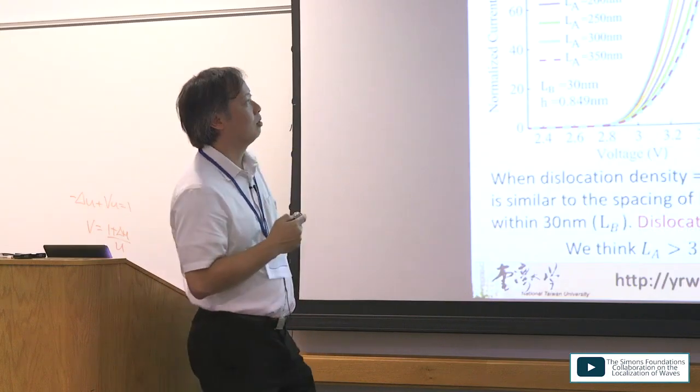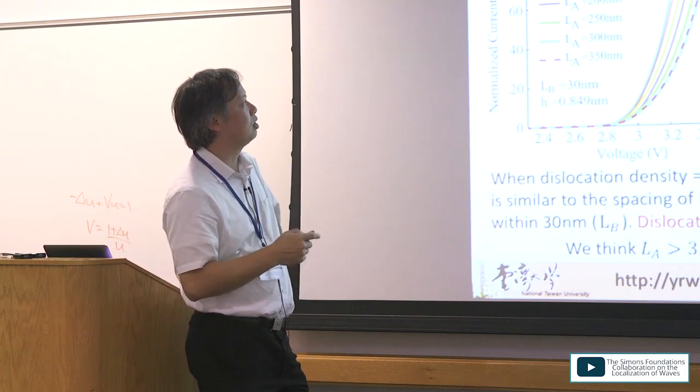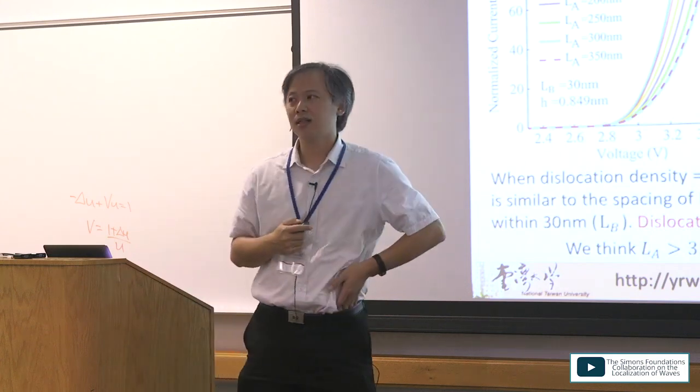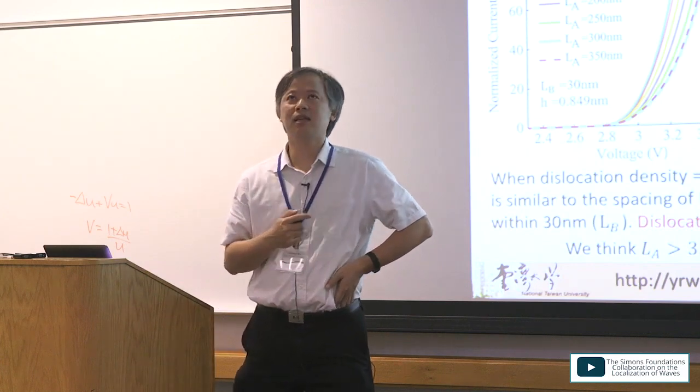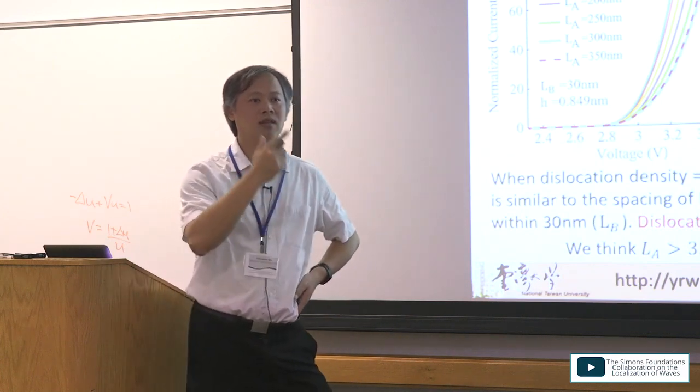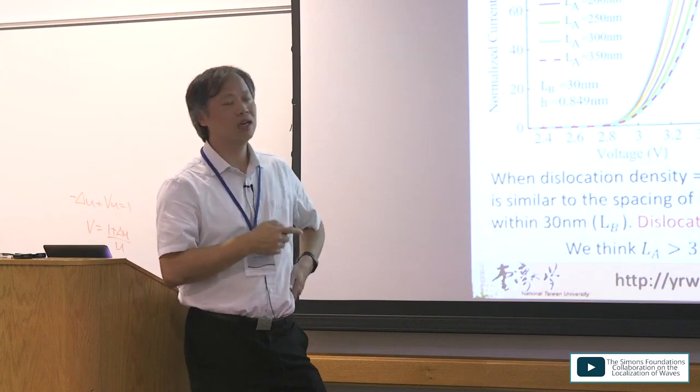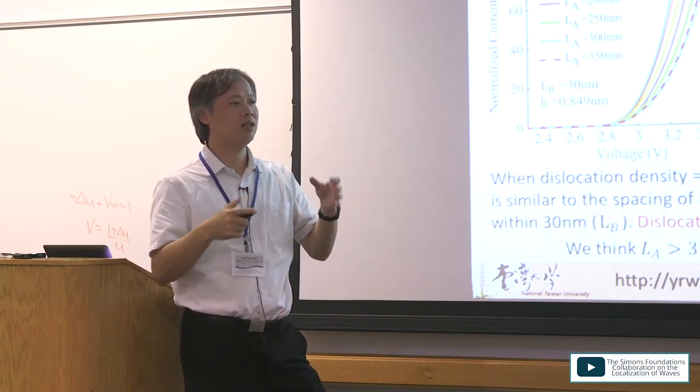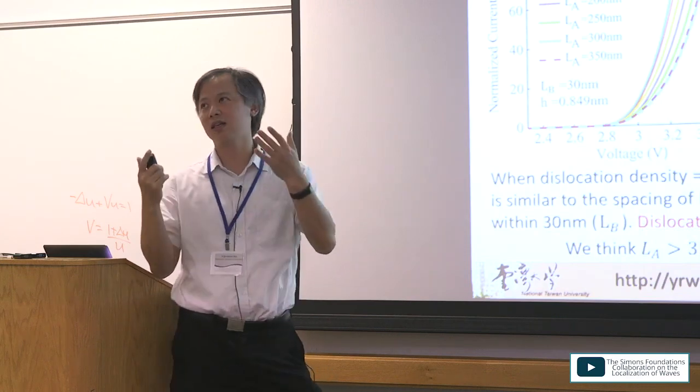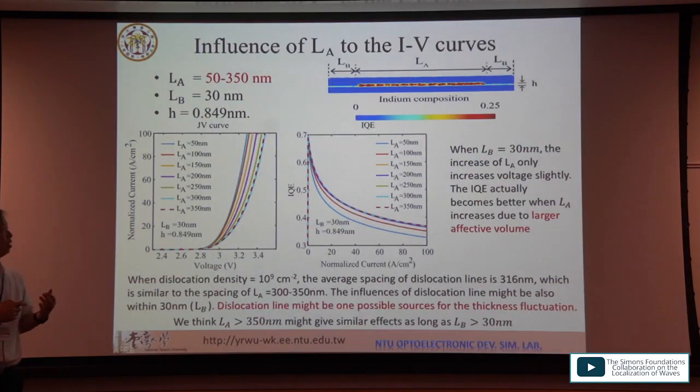So we guess that this range is about 30 nanometers, and the first possibility is the dislocation, because the dislocation density is around 10^8 to 10^10, just like Suji talked about in the morning. If you think about the dislocation spacing, the effective range of a dislocation is typically around 30 nanometers, if you consider the dislocation center and the affected area.